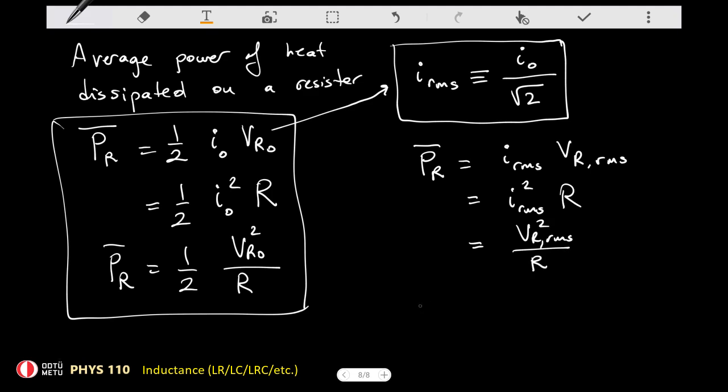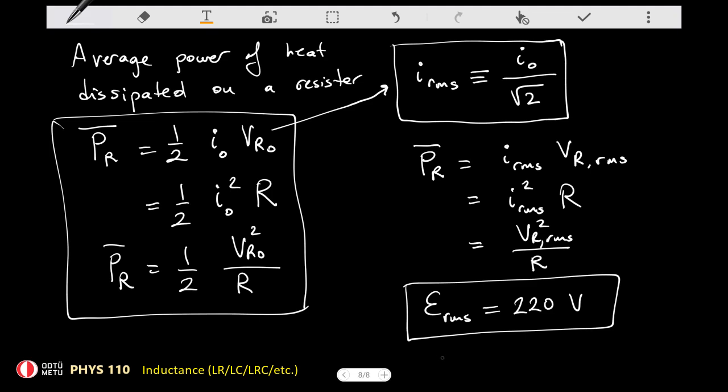Just keep in mind that the RMS values are the ones that are usually reported on, I don't know, hair dryers or whatever, all the household devices. We are using 220 volts of AC electricity, and that essentially means that the wall plug in your home is an EMF device, and the RMS value of the EMF coming from there is 220 volts.